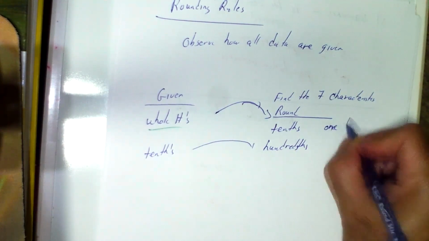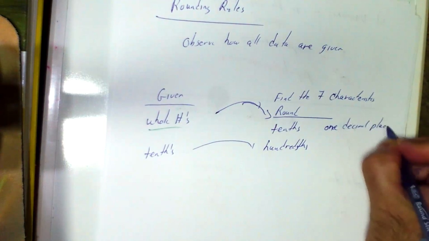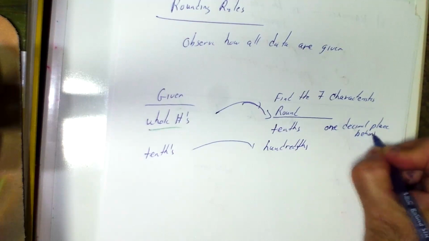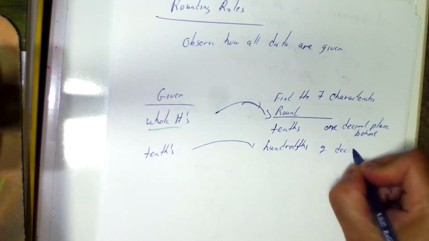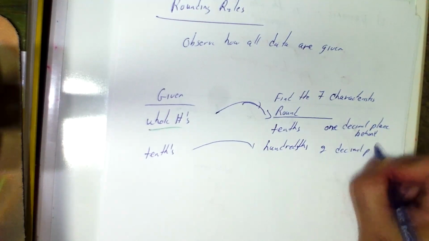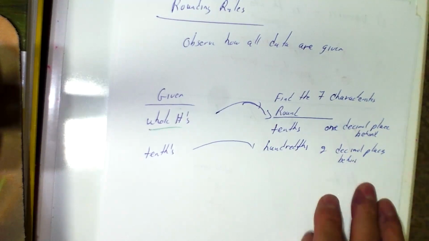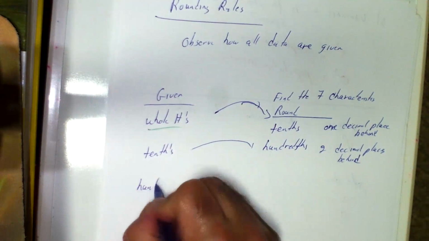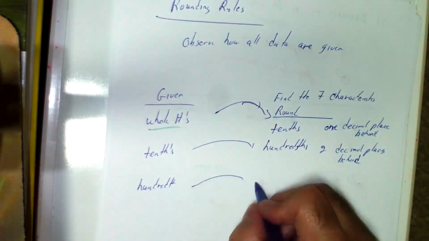1 decimal place behind. This one's 2 decimal places behind. If you're given in hundreds, then you're going to round to the 10,000.